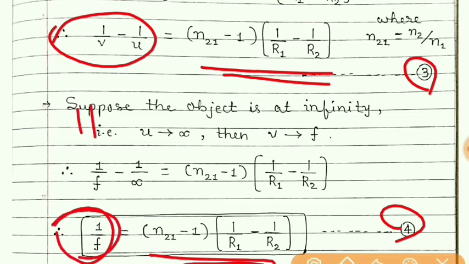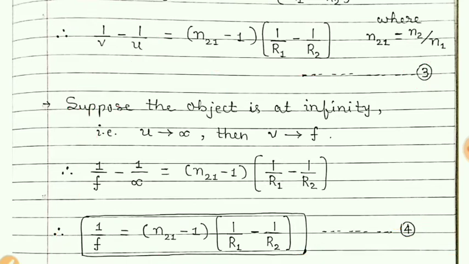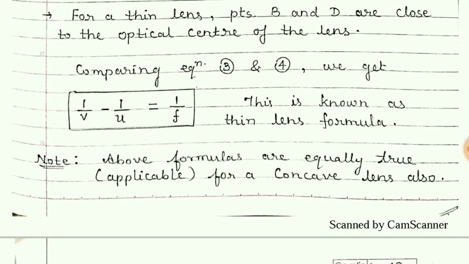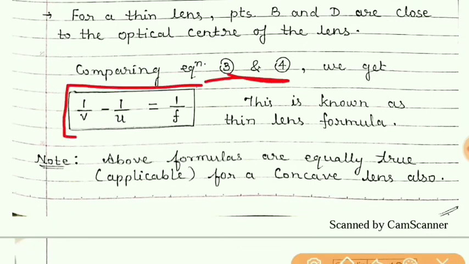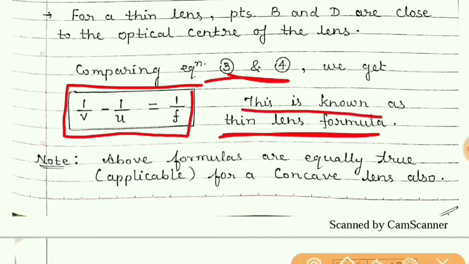That is, 1 upon f is equal to 1 upon v minus 1 upon u. So comparing both equations 3 and 4, we get this equation, and this is known as the thin lens formula. This formula you have already derived in standard 10th. So this is the lens formula.